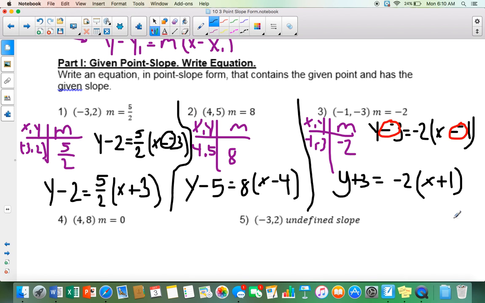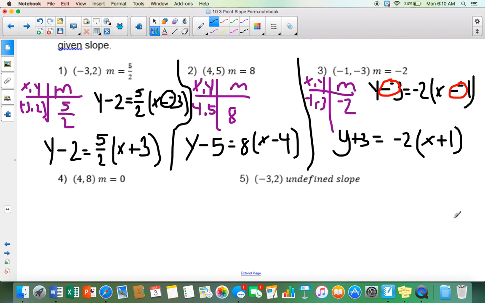Now, 4 and 5 are kind of special. So we know if something has a 0 slope, remember it's like walking on a treadmill, it's a horizontal line. So I'm going to show you on my x and y axis. We know it looks something like this. We're going to pretend that's a really straight line.